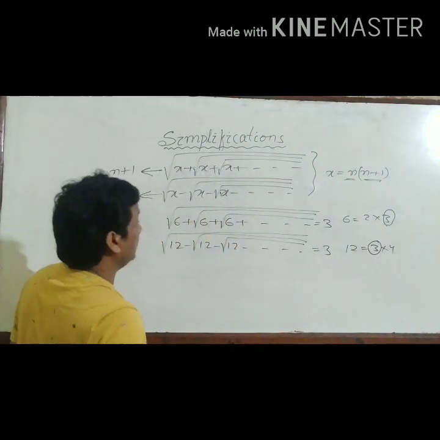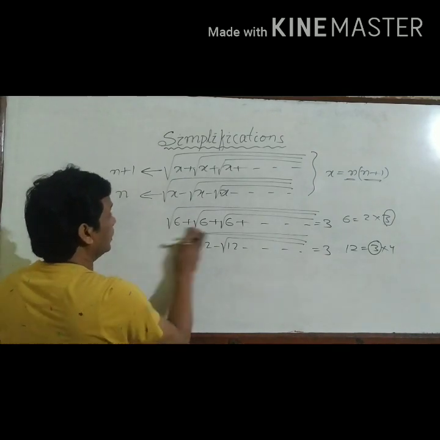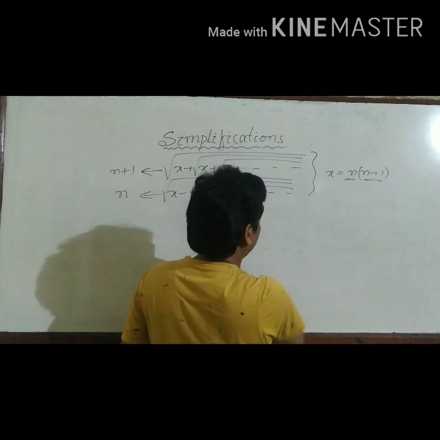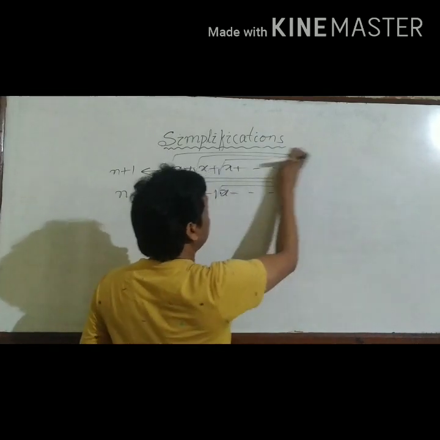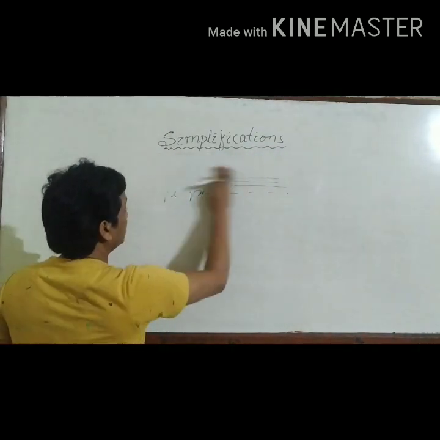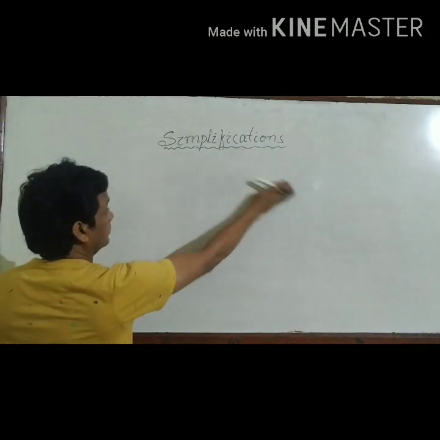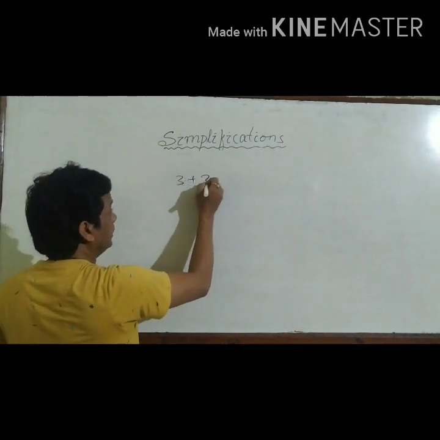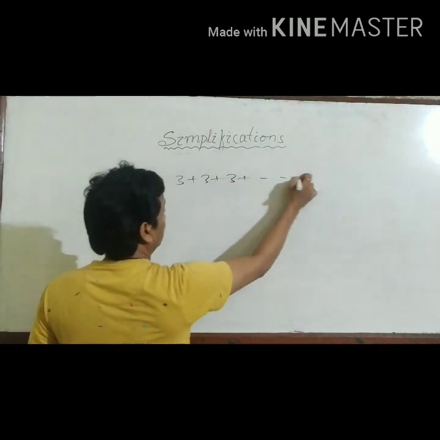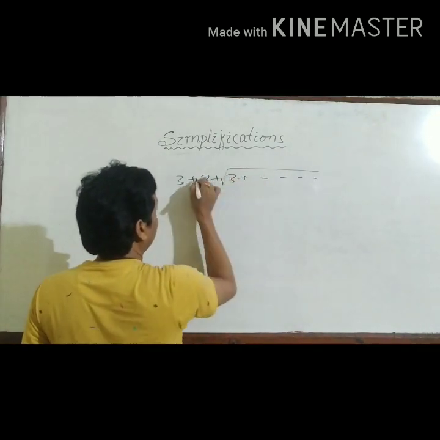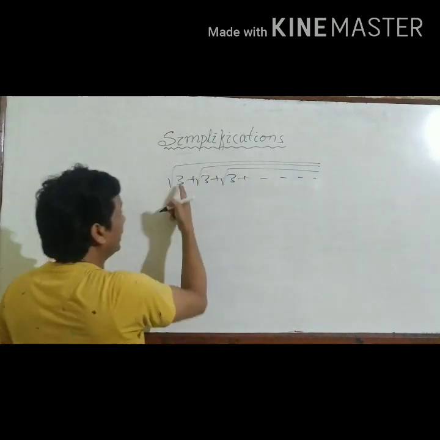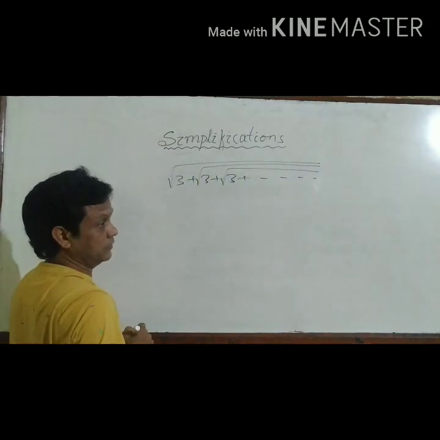Clear? Now see here. If the number cannot be expressed as the product of two consecutive integers, I will explain it by the help of examples. For example, 3 plus 3 plus 3 plus so on. 3 cannot be expressed as the product of two consecutive integers.